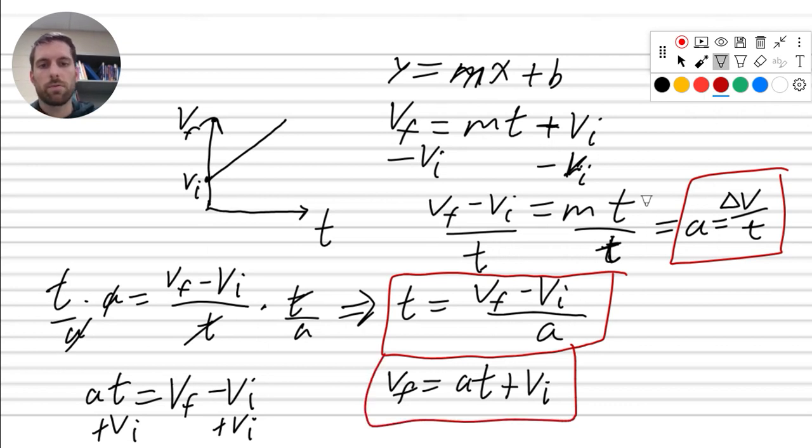And we have one more. All we have to do is subtract at from both sides of this equation. And it looks like I'll get what vi is.